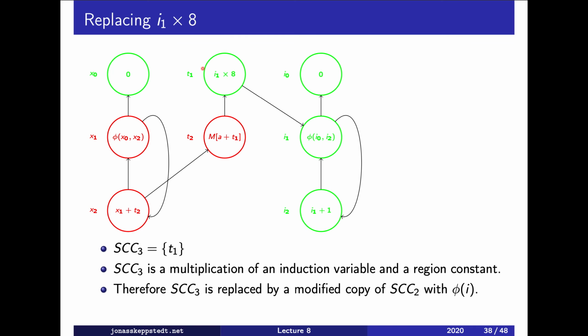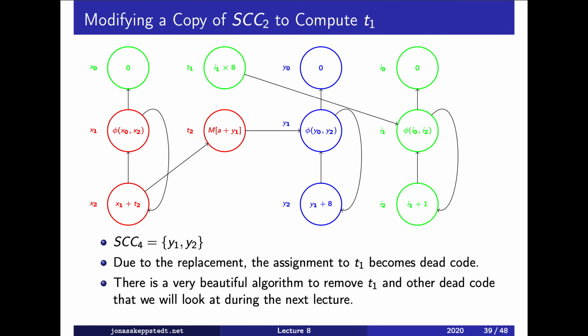So we can create a new strongly connected component like this, like this, and define, we put a new variable here and forget about T1, and this Y1 uses this strongly connected component instead.